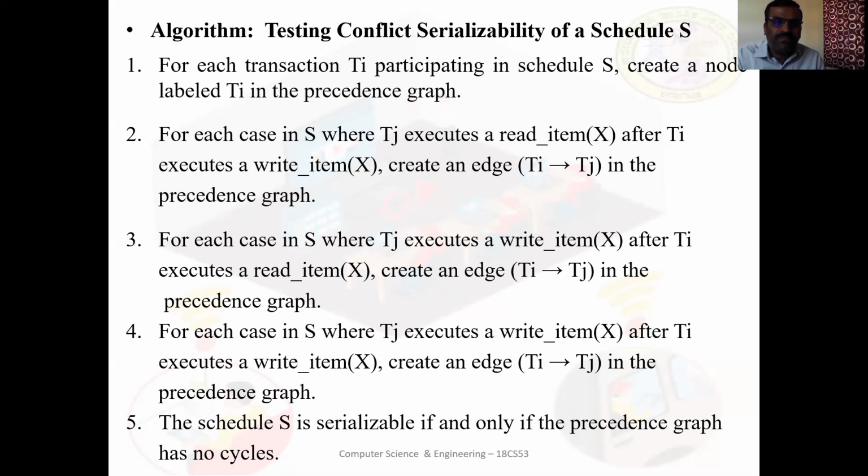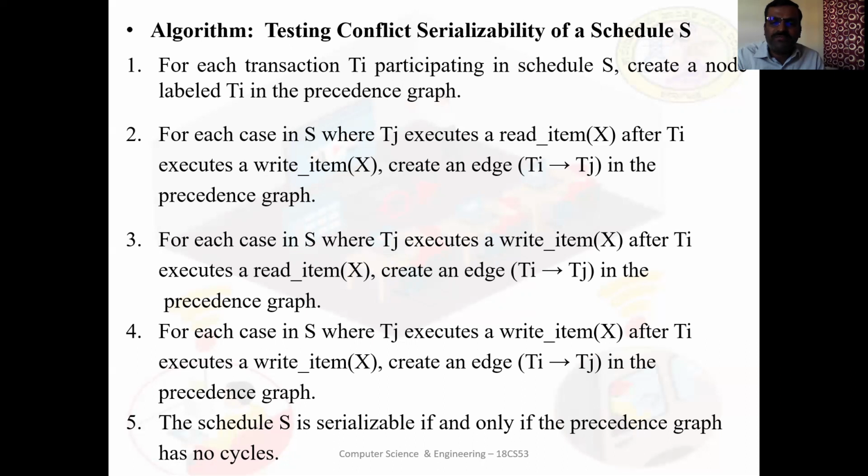In the next case, for each case in schedule S where Tj executes a write_item(X), Tj performs a write operation on item X only after Ti executes write_item(X).